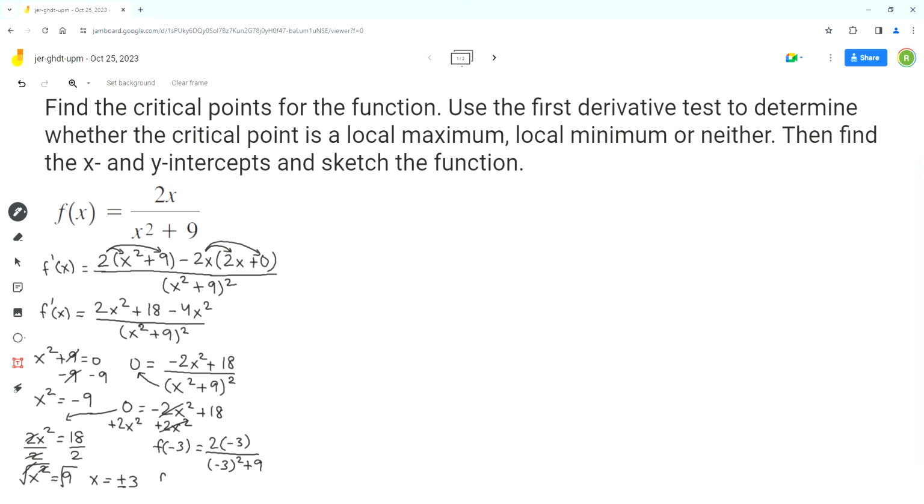In the numerator 2 times negative 3 is negative 6, and in the denominator negative 3 squared is positive 9, and 9 plus 9 is 18. Negative 6 over 18 can be reduced to negative 1 over 3. So the first critical point is negative 3, negative 1 over 3.